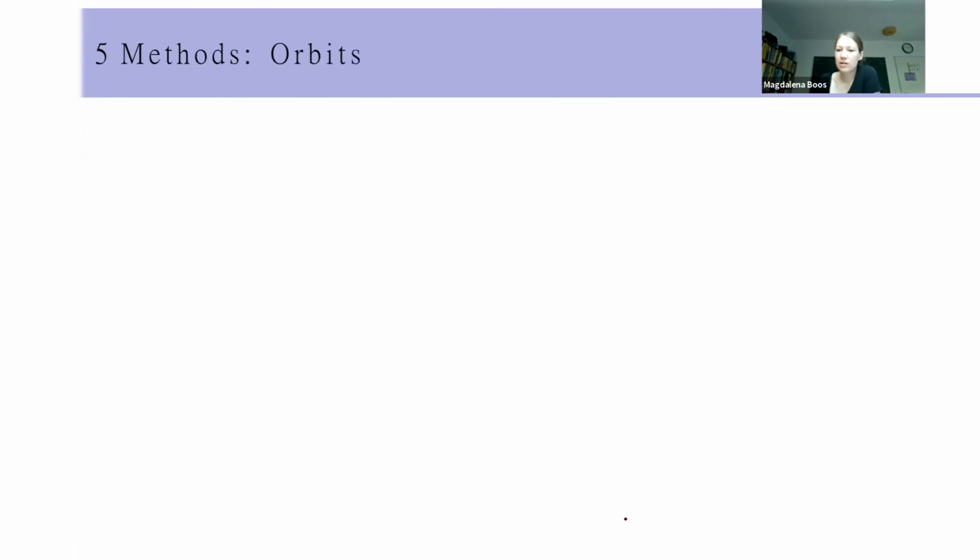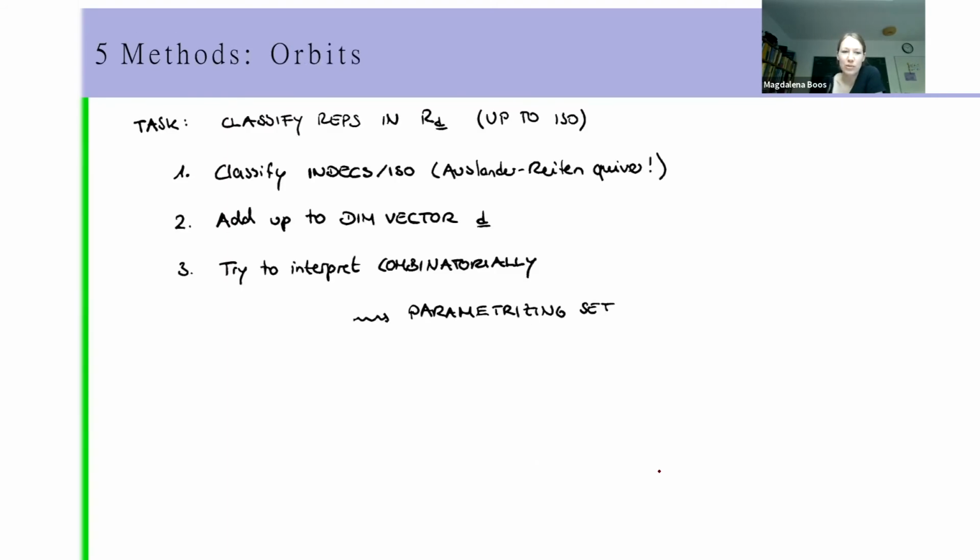And with these ingredients, we can talk about orbits. So if our task is to classify the representations in R_D up to isomorphism, so our task is the orbit classification, then of course first we classify the indecomposables up to isomorphism, that we do with the Auslander-Reiten quiver. Then we add them up to the dimension vector D in all possible ways. And then third, we try to interpret it combinatorially.